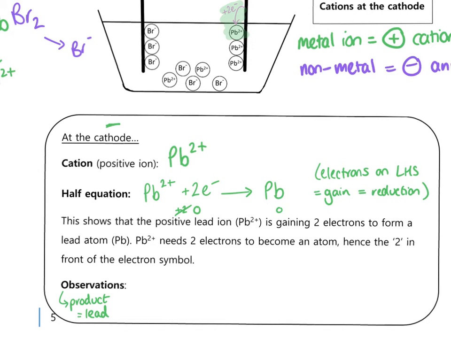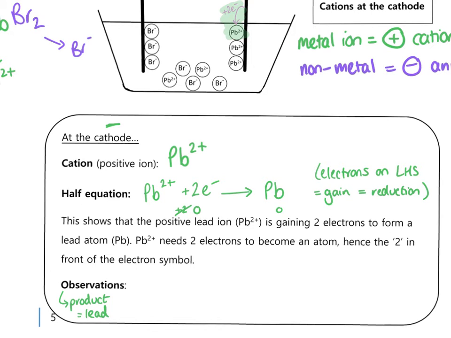And you saw that in the video, how on first look it looked like nothing was happening at the cathode, but when the electrolyte was poured away, you could see that there was a bead of a shiny grey liquid at the bottom of the container that the electrolysis was done in, and that was our lead.